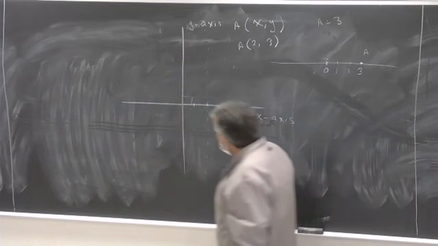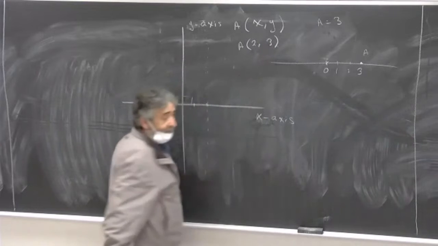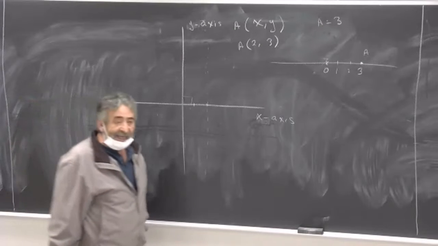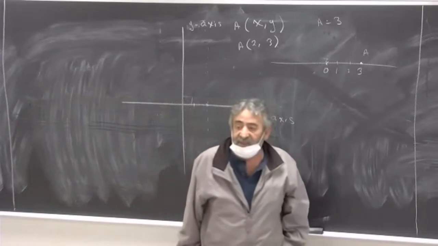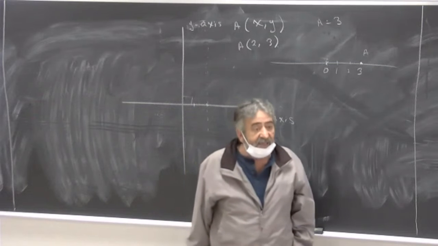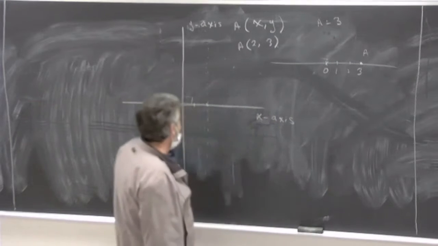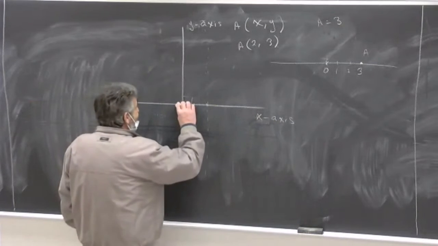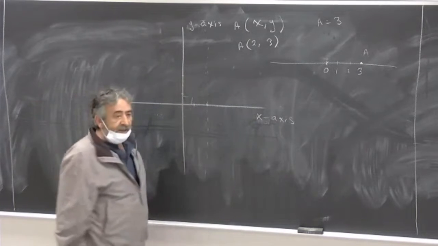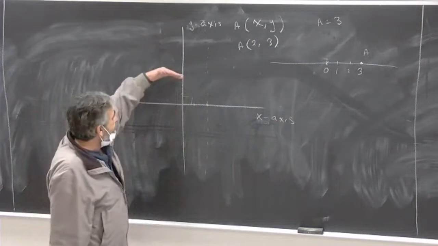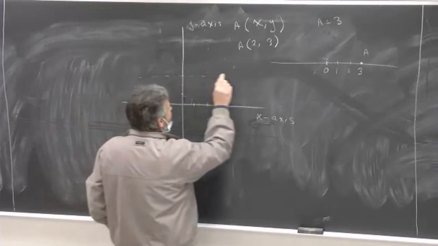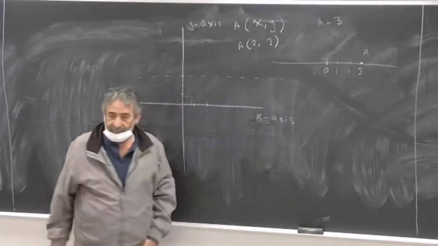Now, for the point (2, 3), the 3 tells me how far away A is from the x-axis. So if I go to the x-axis and count 3 units upward, it tells me A is along this line somewhere.